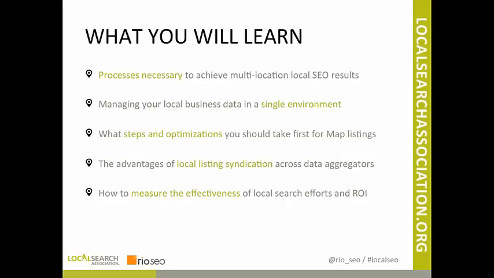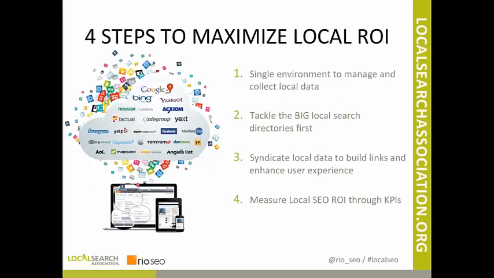We'll share what steps and optimizations you should take first, especially around map listings, including Google, Yahoo, and Bing, and the advantages of local listing syndication across the major data aggregators who power the local search ecosystem. And then finally, we'll talk about how to measure the effectiveness of local search efforts and measuring ROI through local SEO tactics.